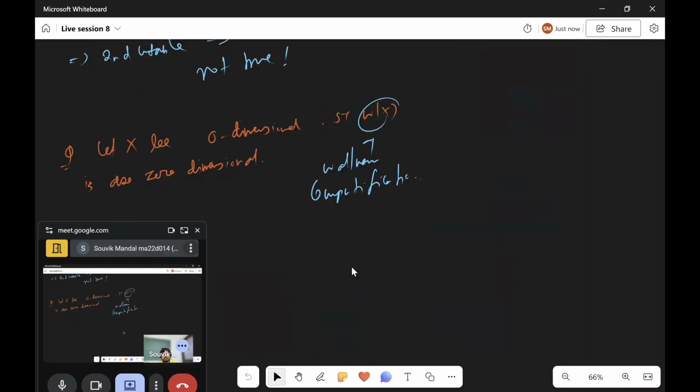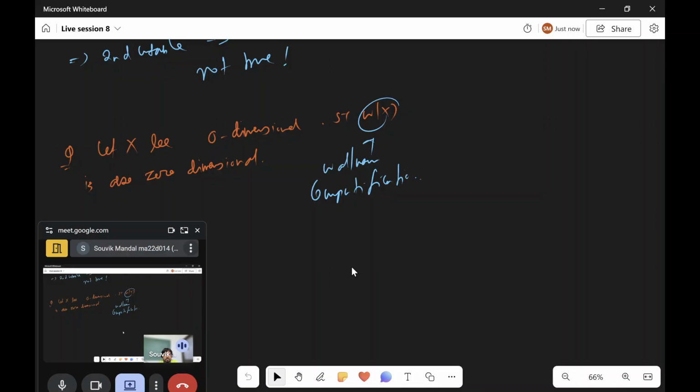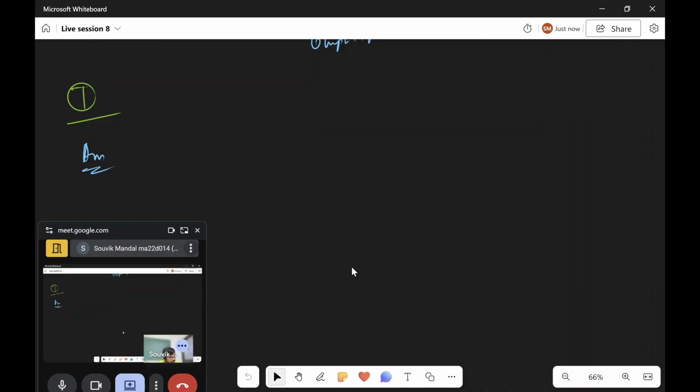Of course you have seen this, so I am not going to explain that. So is it true or false? Anyway, it is true. I'm writing this solution here. The point is X is zero dimensional.